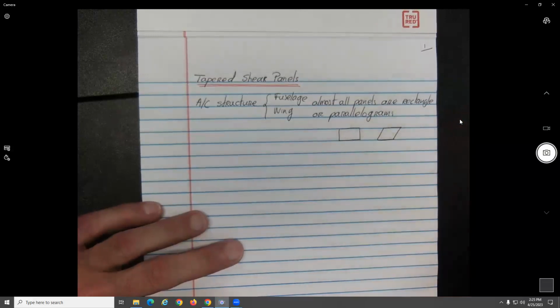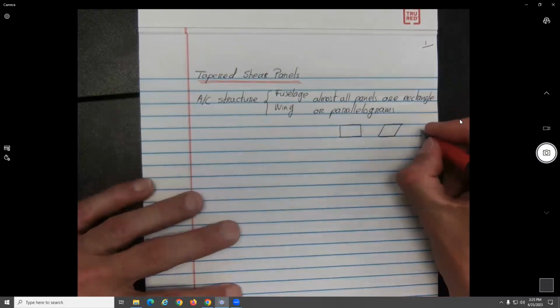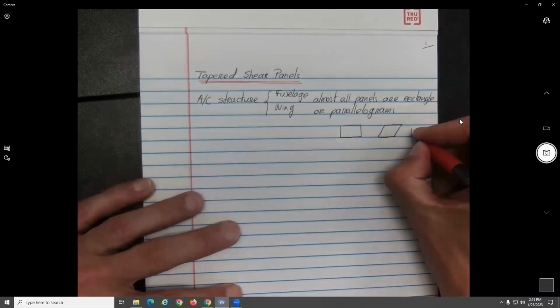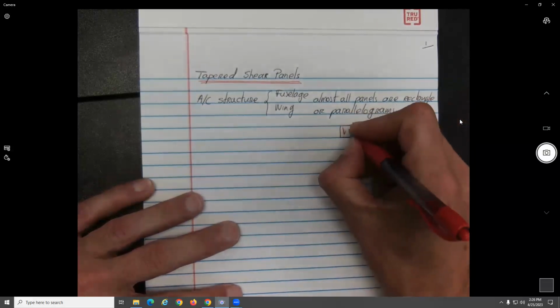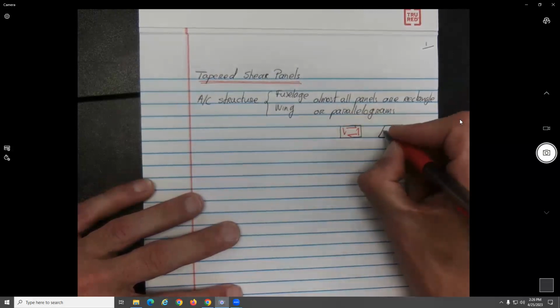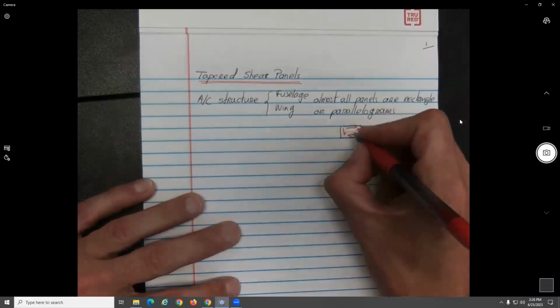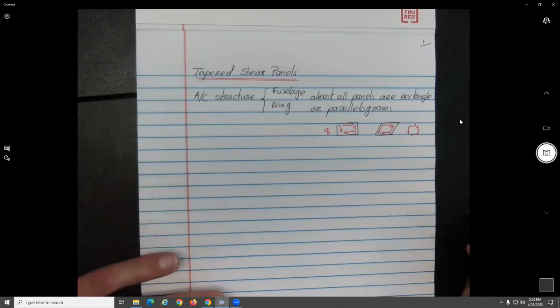They are parallelograms. So if that is the case, what is the sign convention that we have for shear? Remember, we had this sign convention, no? So here we have this, this, this, and this. So here will be basically the same thing, where all the Q's over here will be constant in all 4 edges.